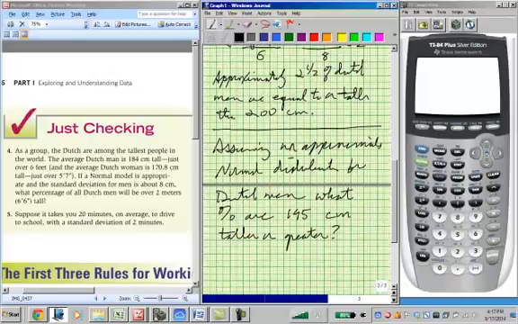Okay, so this is what we want to know. What percentage are 195 centimeters taller or greater?